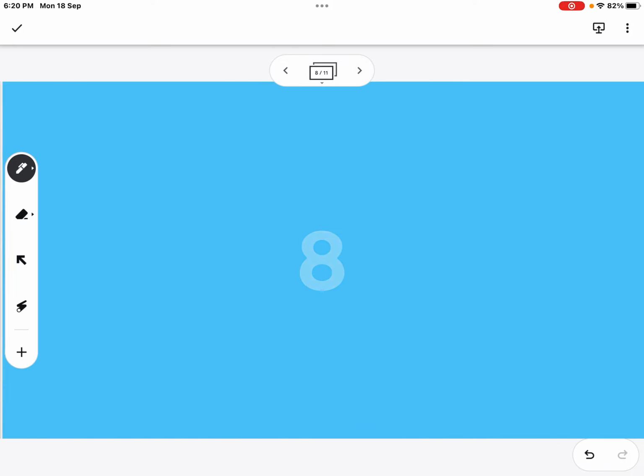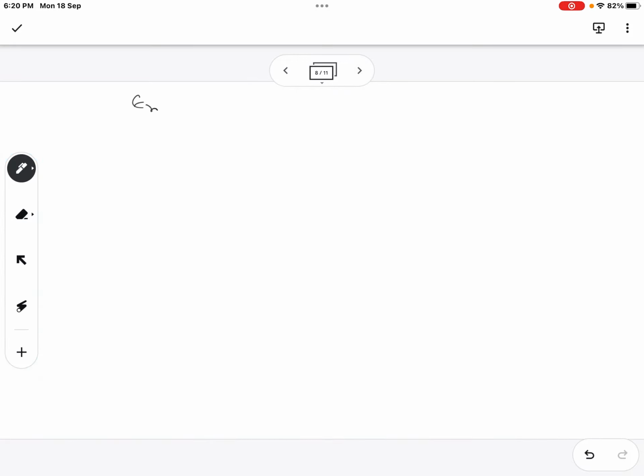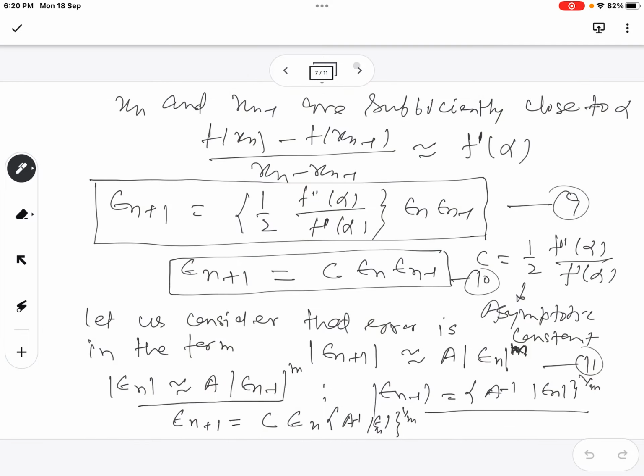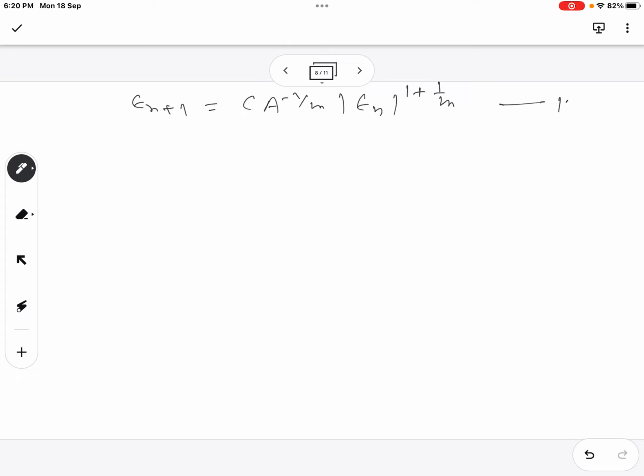So I can write down it as n plus 1th error is equal to C A to the power minus 1 by m and nth error to the power 1 plus 1 by m, and this is equation number 12.